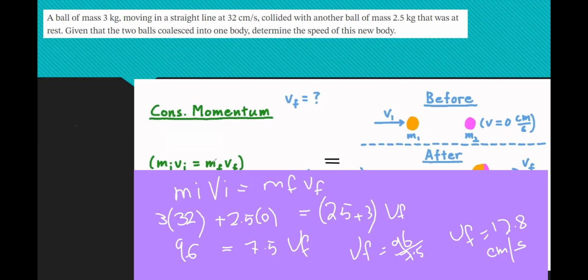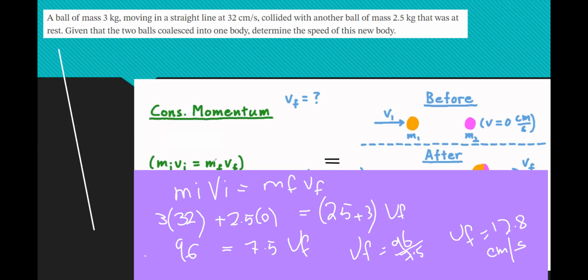Sorry, here as you see, the first ball's mass is 3 kilograms. When it collides with another ball, their mass will be 5.5. Why did I write 7.5? Sorry.